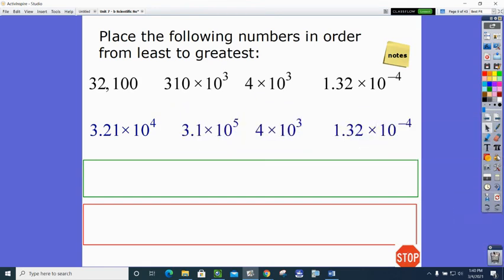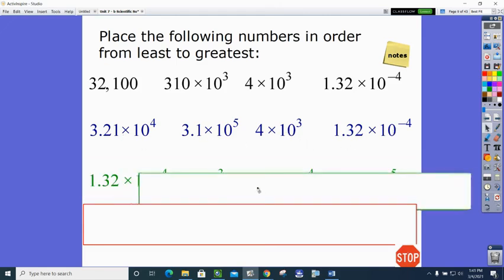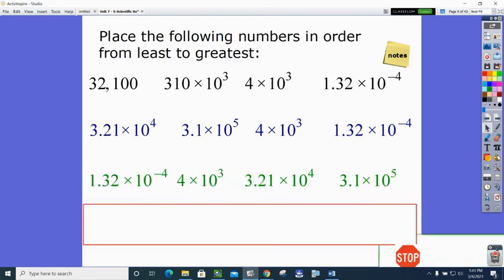Okay, so now again, order least to greatest. Did you start with your negative? Then go, again, looking at the magnitude, the power of 10, it's really easy because nobody matches here. First, second, third, and fourth. Are you with me?